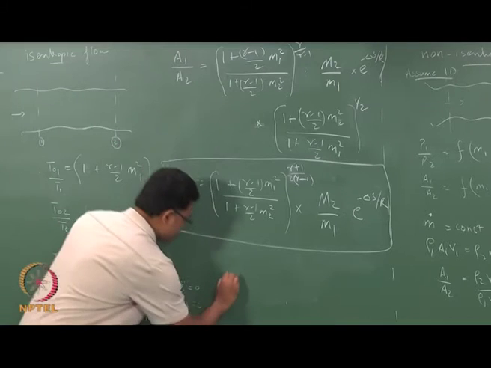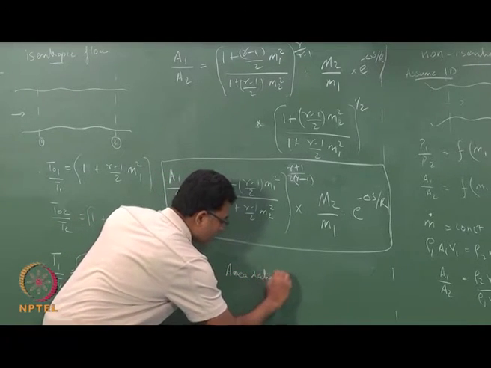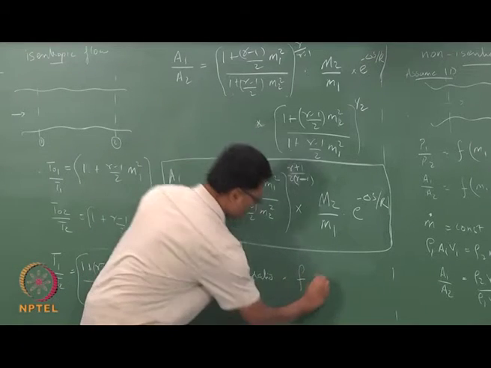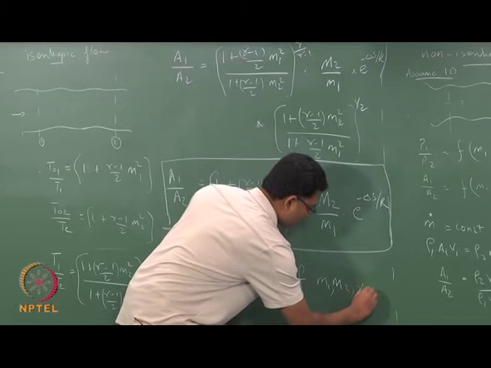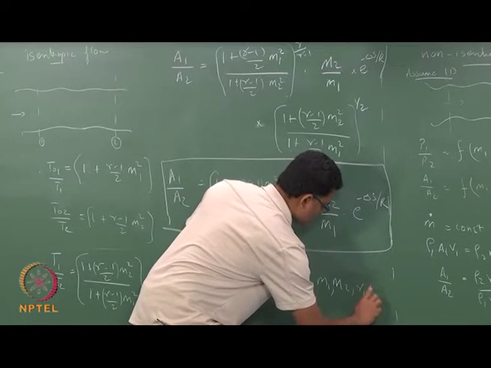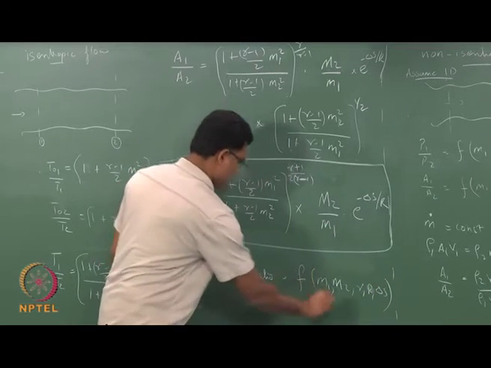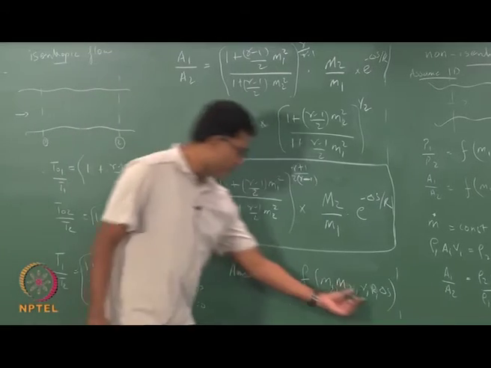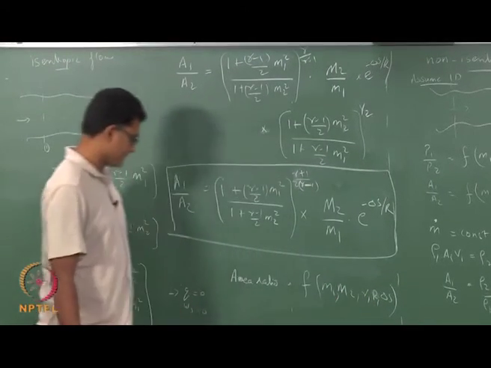So, my area ratio is a function of M1, M2, gamma, R and delta s. So, it depends on the fluid, M1, M2 and your irreversibility.